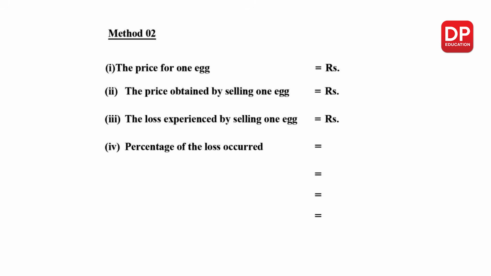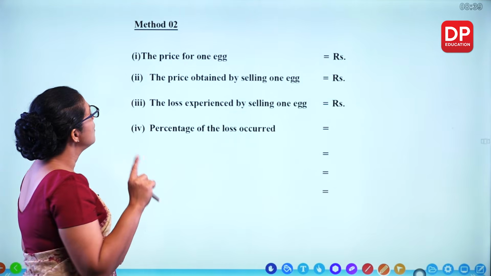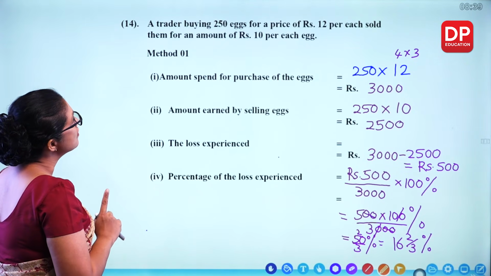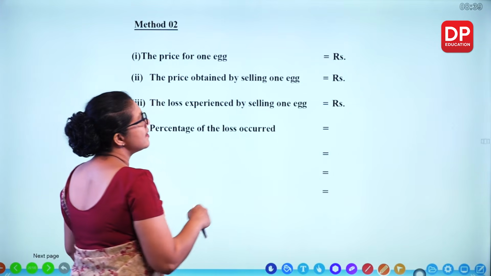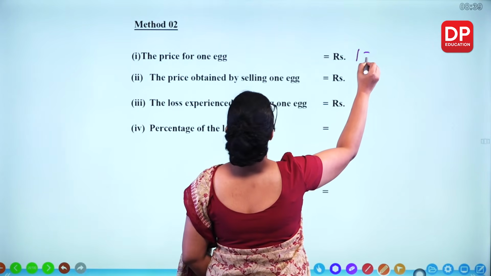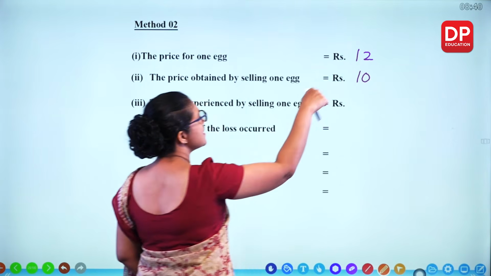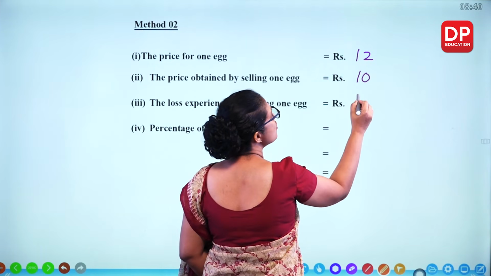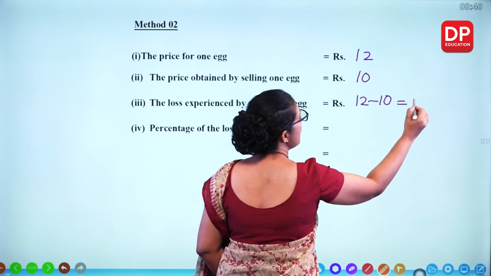Now we'll use the second method. So considering one egg, what's the price for one egg? So buying price is 12 rupees and the selling price is 10 rupees. So what's the loss experienced for 1 egg? 12 minus 10, that's 2 rupee loss.